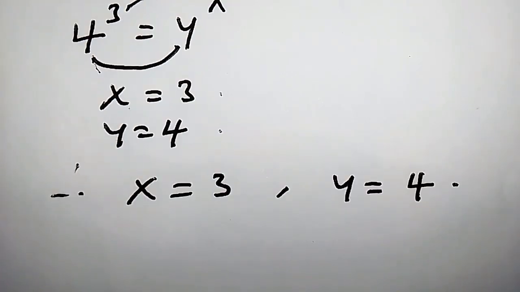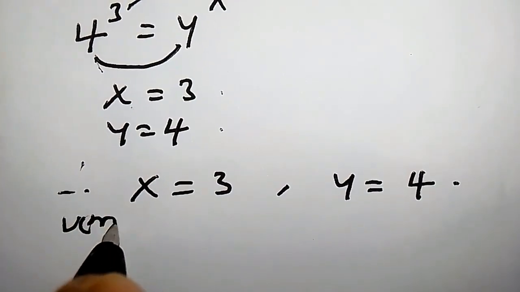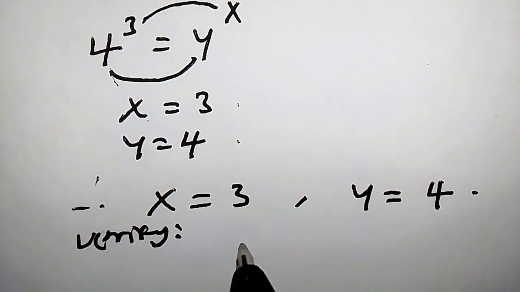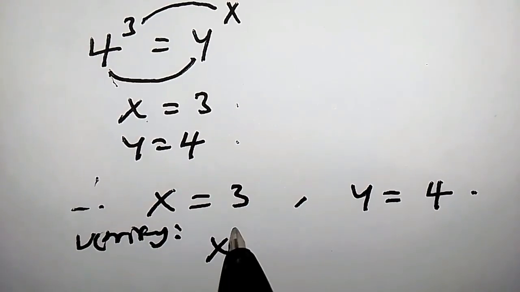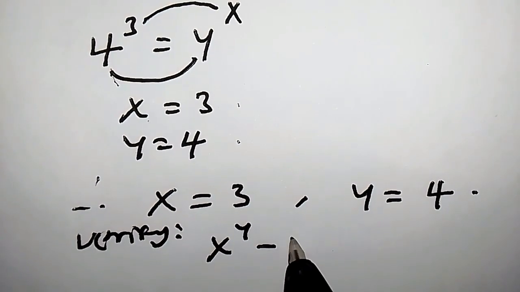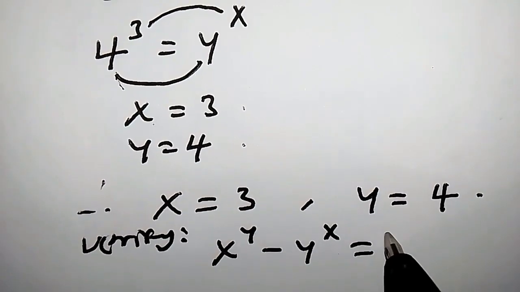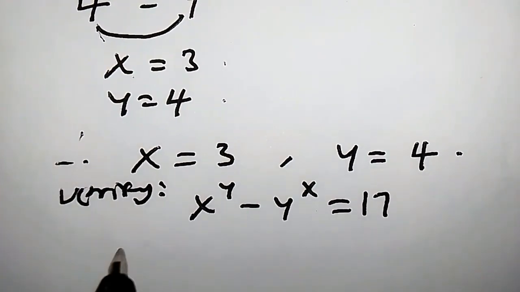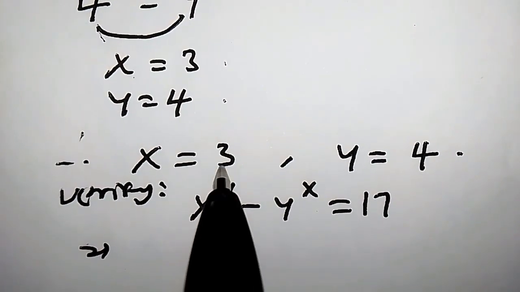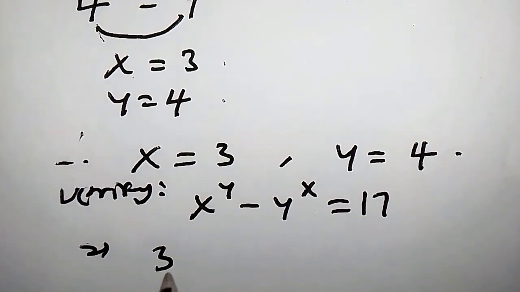At this stage, it is good to verify our solution. Verify. The original question says x raised to y minus y raised to x is equal to 17. So, what is x? x is 3. What is y? y is 4.